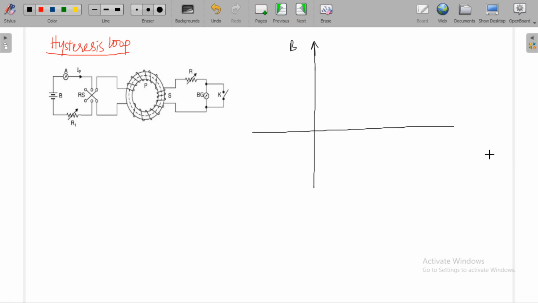B versus H, where H is equal to Ni by L, and B is equal to flux per area, right?